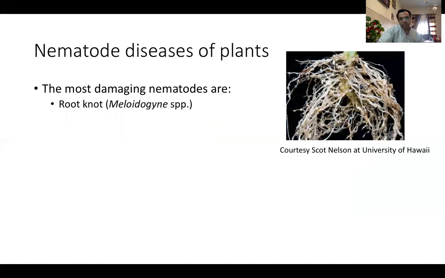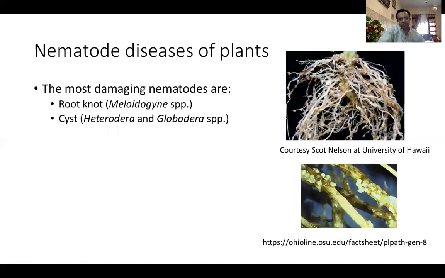There are different types of nematodes that cause different kinds of symptoms. For example, root knot nematode makes knots on roots. This is a very important disease in vegetables and many other plants. Similarly, the cyst nematodes make cysts on the plant body.